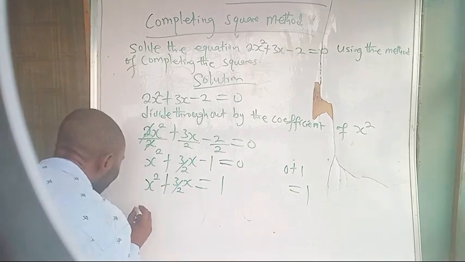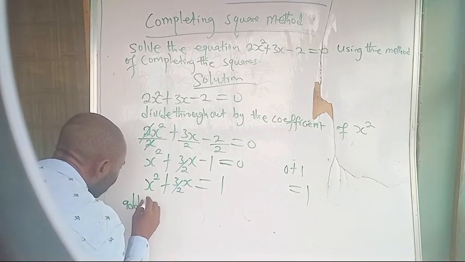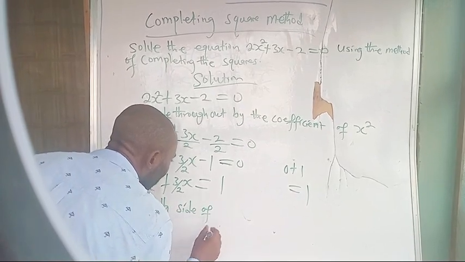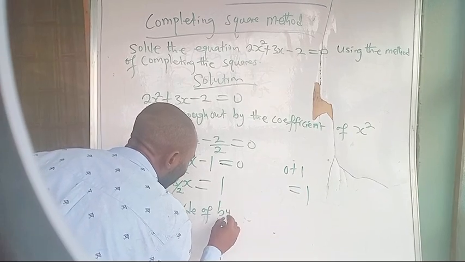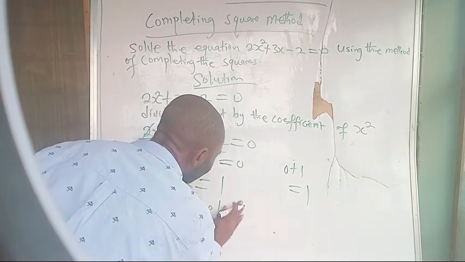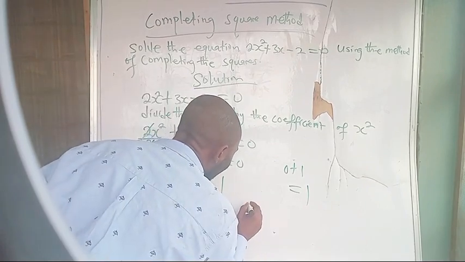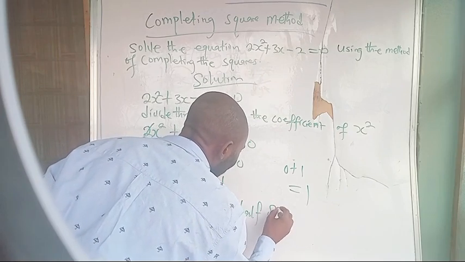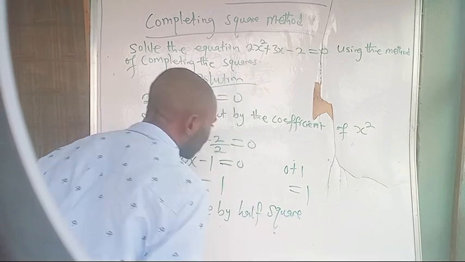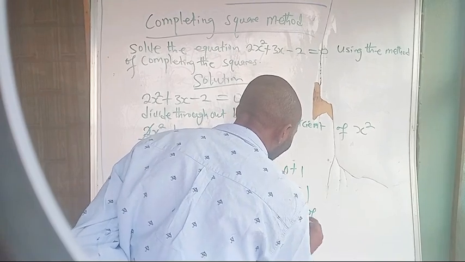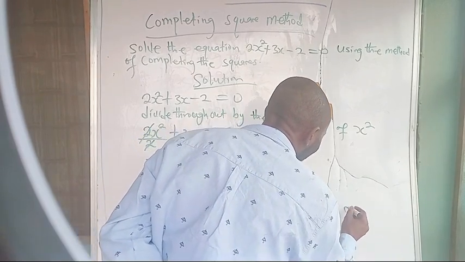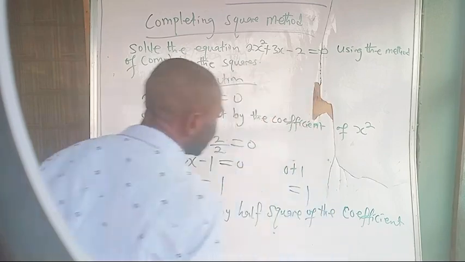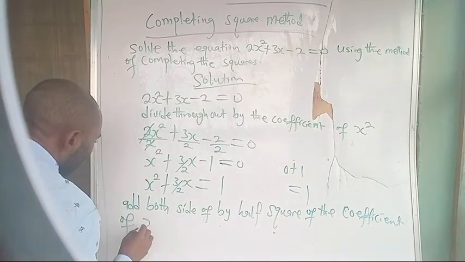Let's put it down: add to both sides the half square of the coefficient of x.